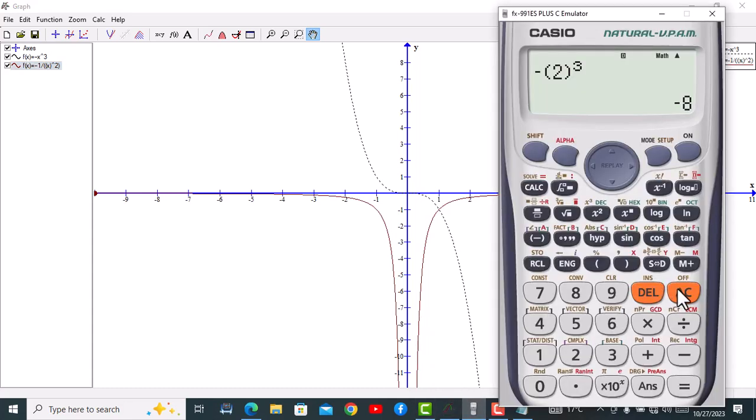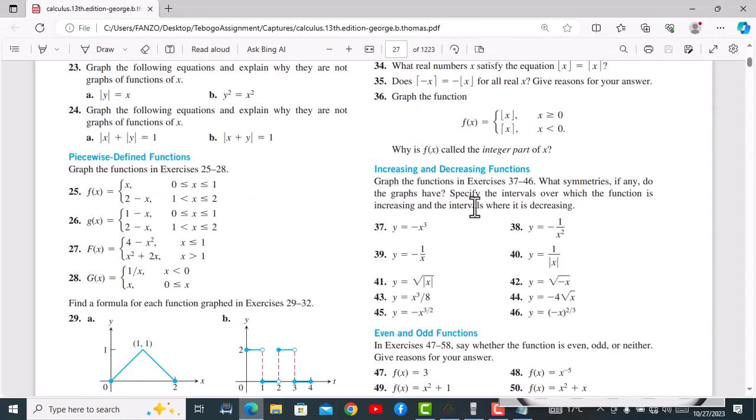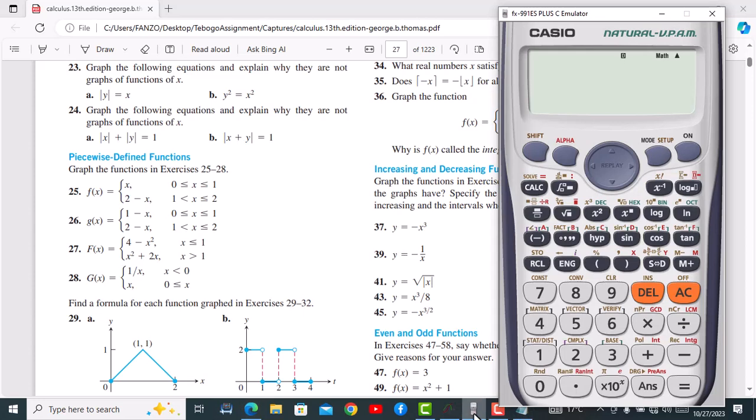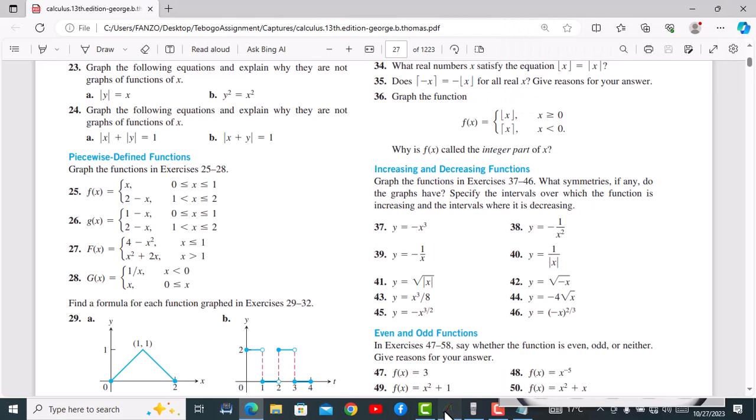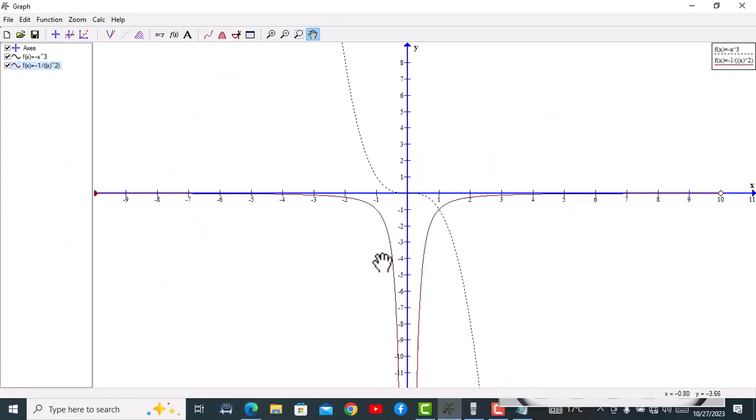So I will come here. I know that I've been provided with a function -1 over x squared. So I'm going to say -1 over x squared, and I'm going to choose some values. So let me just pick a value.